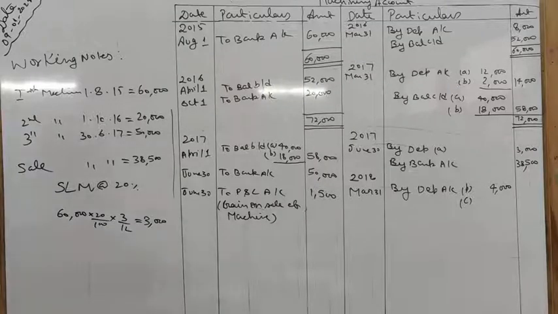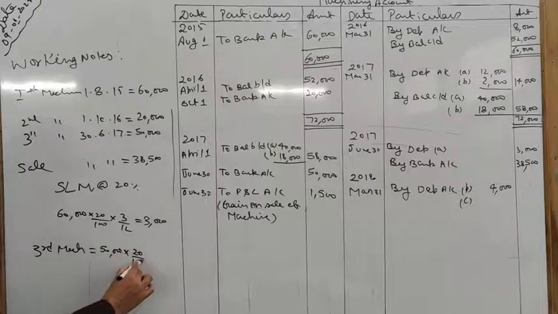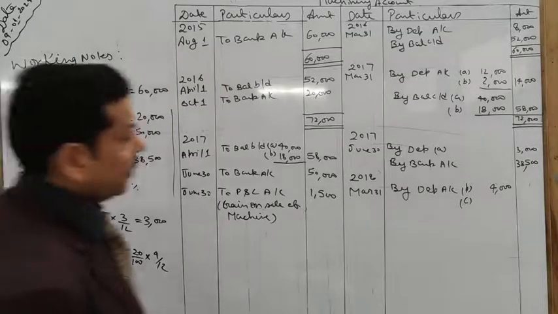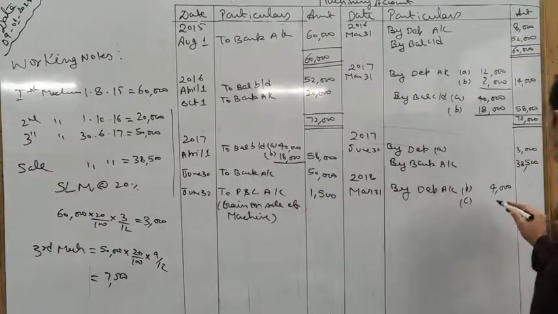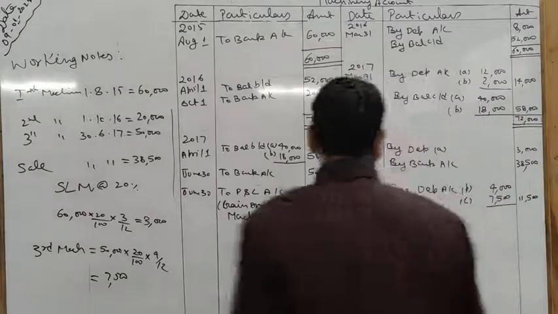That comes to near about 7,500. So for B it is 4,000 and for C it is 7,500. That is 11,500. Clear?